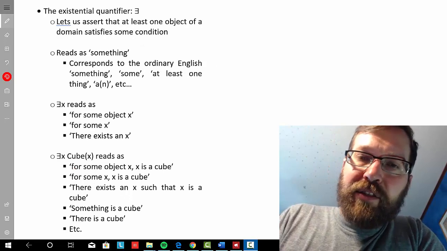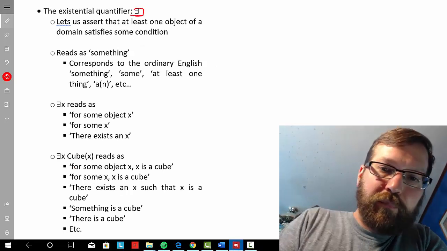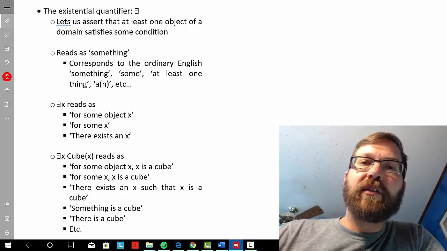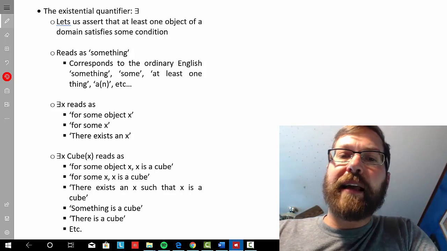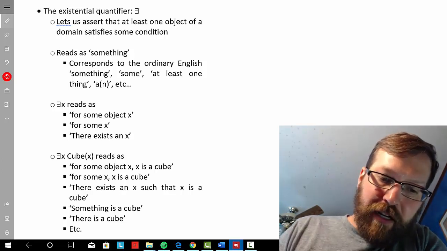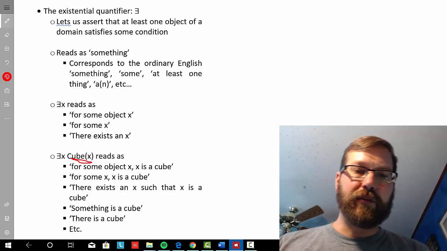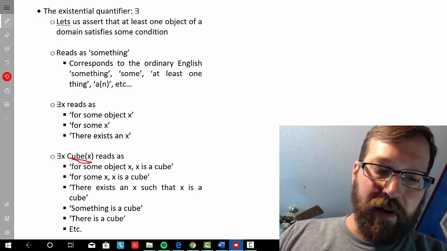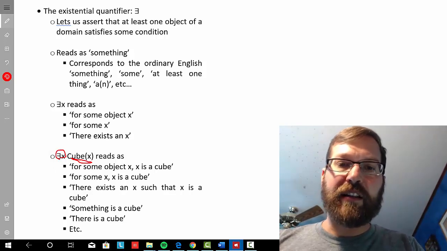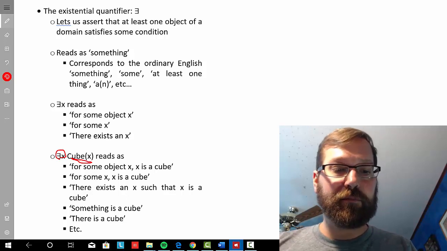All right, the symbol for the existential quantifier is this backwards E. And what it allows us to do is assert that there's at least one object that satisfies some condition. So again, if our condition is x is a cube, then having this existential quantifier with an associated variable is telling us that there's at least one object that is a cube.